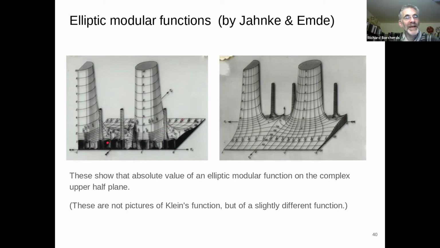As you can see, it's a really complicated function. By the way, this picture has only drawn a few of the poles for simplicity. There are really an infinite number of smaller and smaller poles getting denser and denser along the real axis. So you should really think of them as a wall of poles, not just a finite number of them.